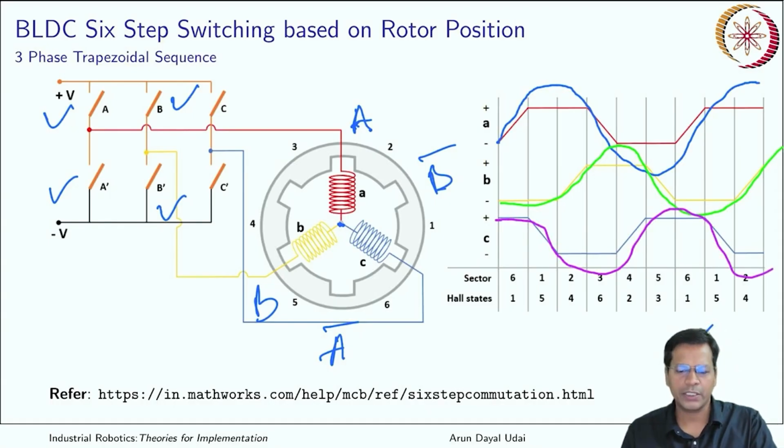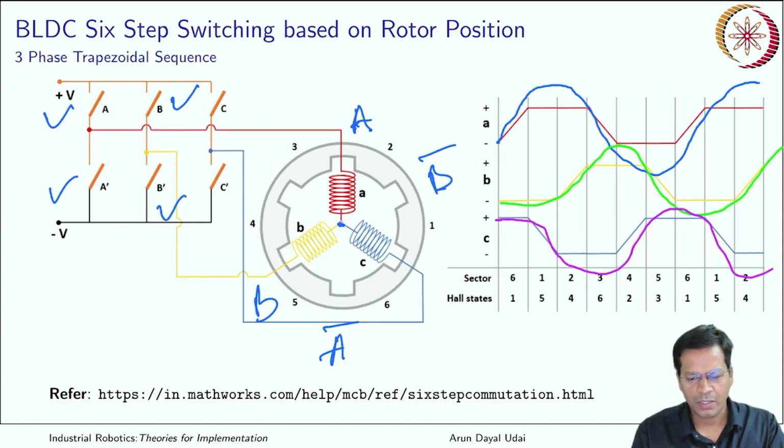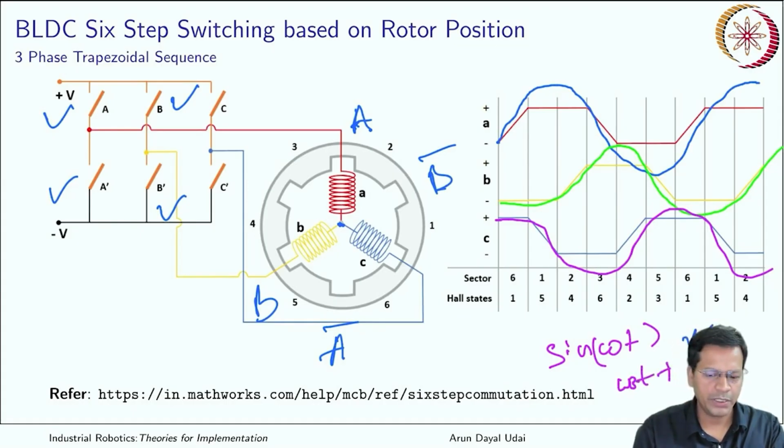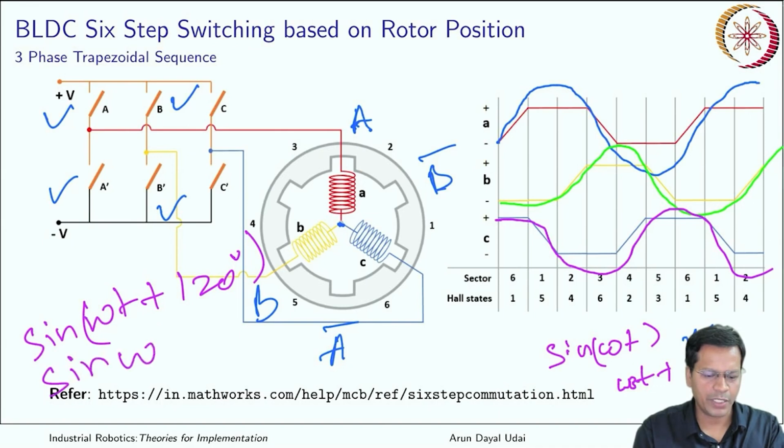Overlapped altogether, one of them is sine omega t, the next one is sine omega t plus 120 degree, and the third one is sine omega t plus 240 degree.